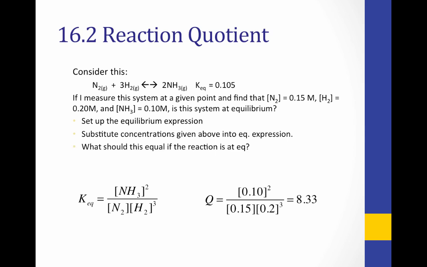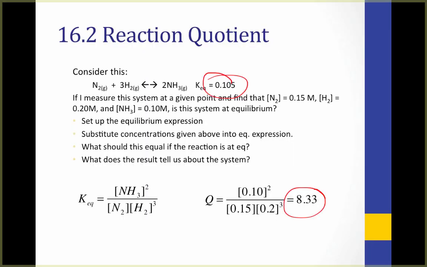Now consider, if this reaction were at equilibrium, what should Q be equal to? Well, if it were at equilibrium, then Q should equal K, because our concentrations would represent the ratio that gives us the equilibrium constant. However, here we found that Q is much greater than K. So what does this mean?